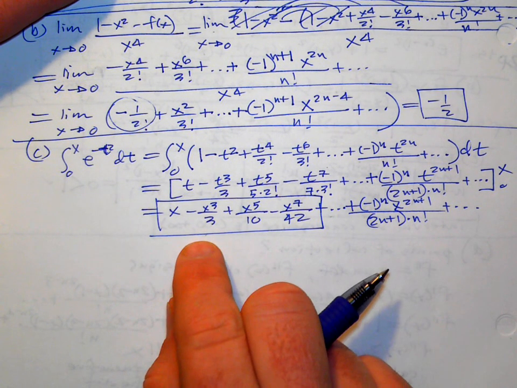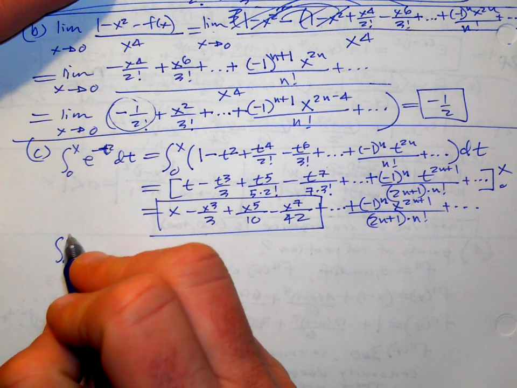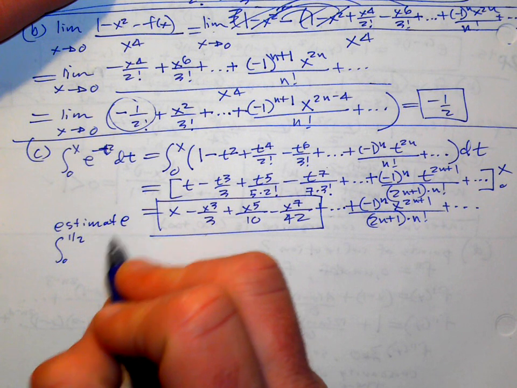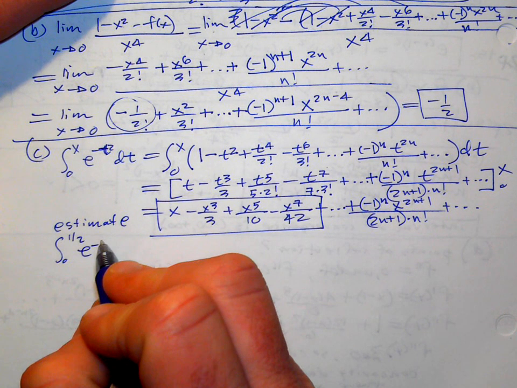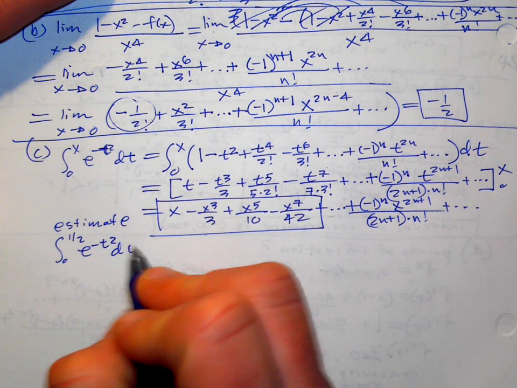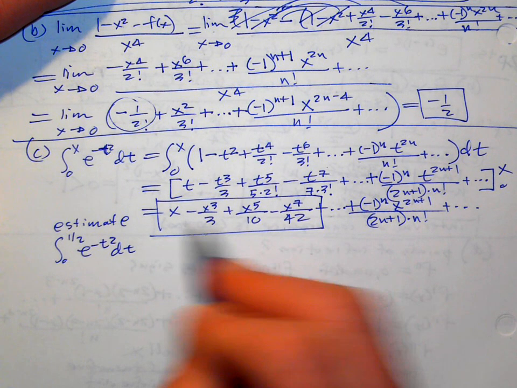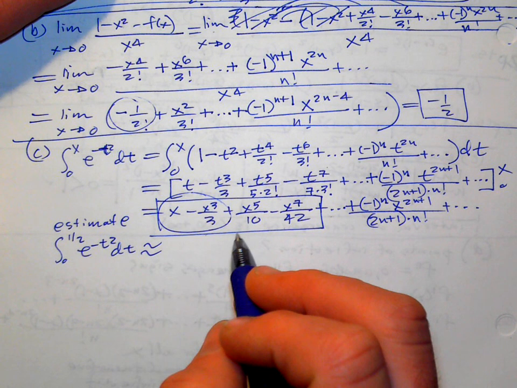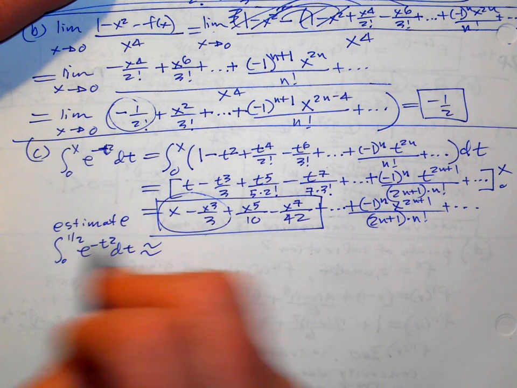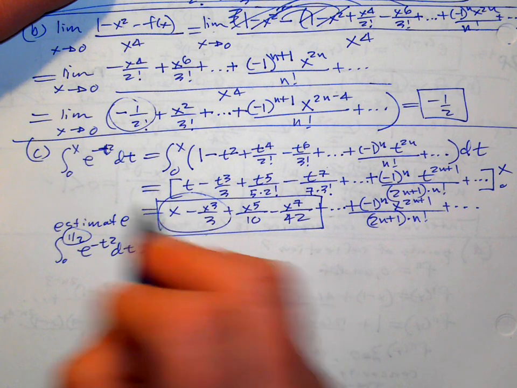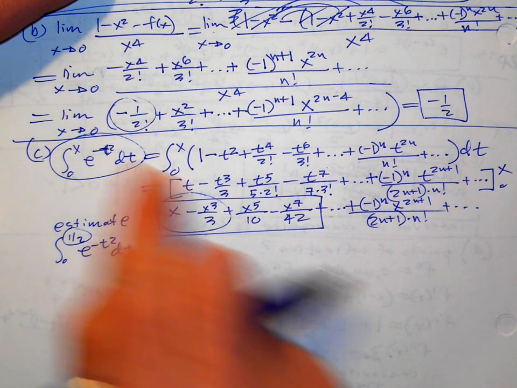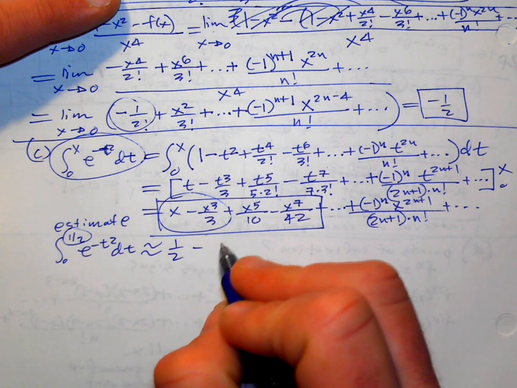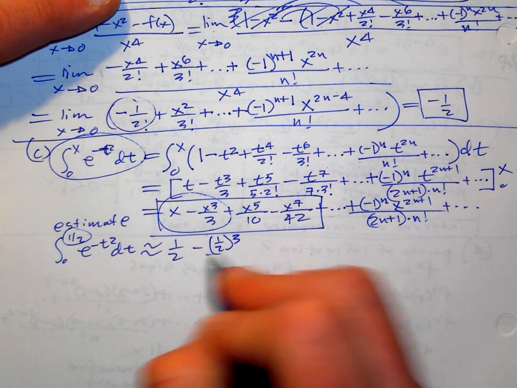Now we're going to use it to estimate the integral from 0 to 1/2 of e to the negative t squared dt. Well, this is equal to the exact value, but we're going to estimate it with the first 2 terms, which means we're going to plug 1/2 in for x, because this represents 0 to x. So we have x's here. So if it's 0 to 1/2, we're going to plug 1/2 there. So it's going to be 1/2 minus 1/2 cubed over 3.